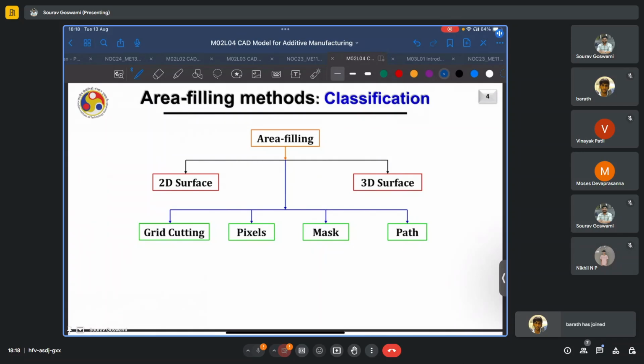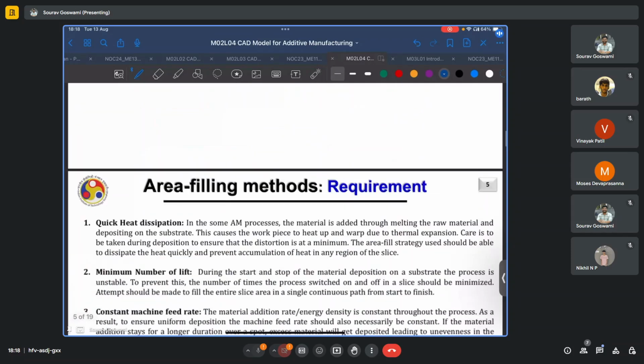For now, we'll study mostly about 2D surface filling, and some of the common processes are grid cutting, discretizing a surface into pixels, using a mask, or just your usually encountered path-based area filling.